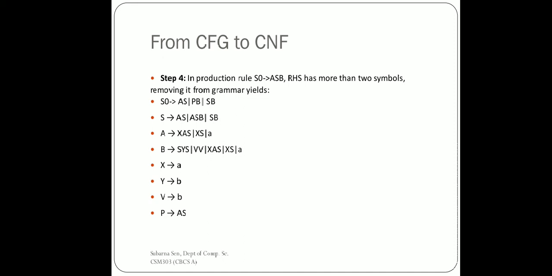So we have replaced the second AS with a new variable named P. S naught is deriving B, P followed by B. So P should be introduced now. If you see the last one, P is deriving AS. So this has been removed.